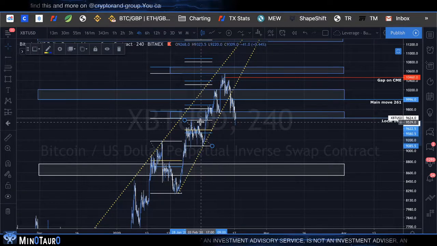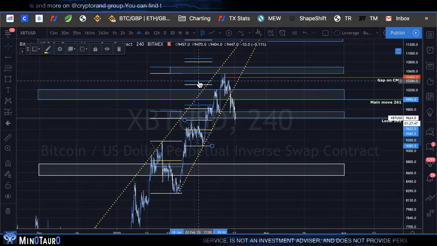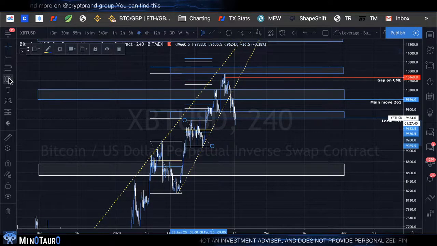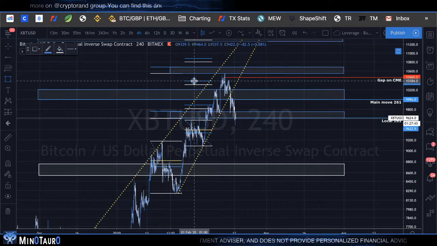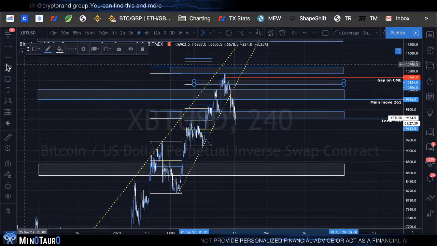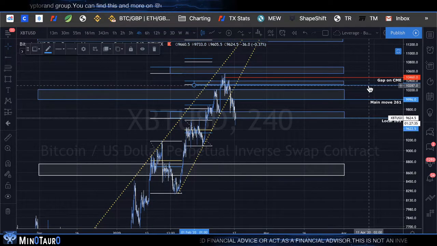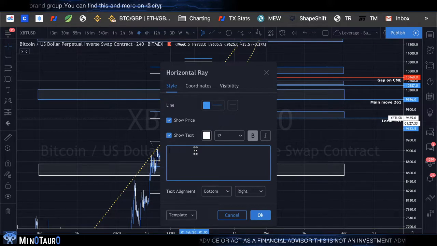So you can see that there is a level behind that one, so this is safety. It's considered less extended. So again, this can be called local 261.